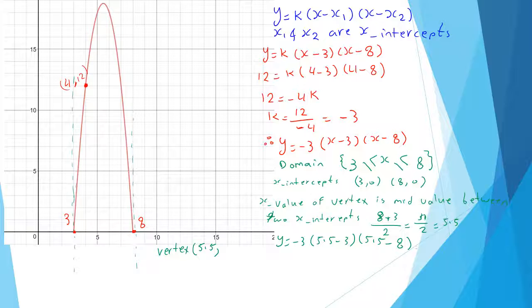That gives you 18.75. So your vertex is (5.5, 18.75).